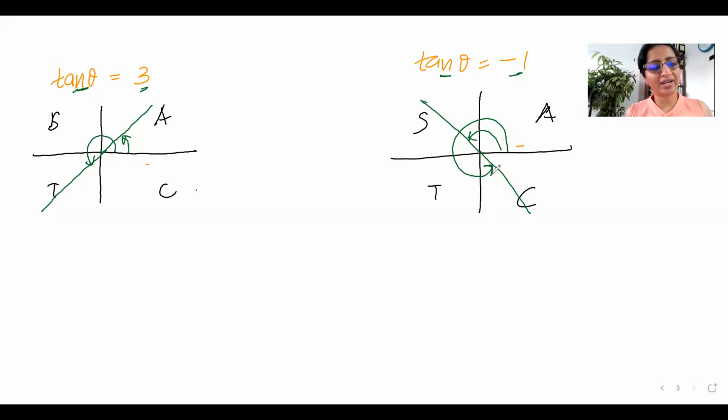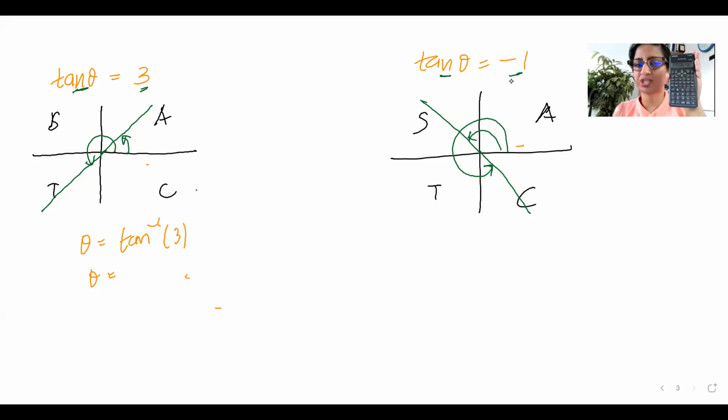Now, how do we find it? You take the calculator, put theta equals tan inverse of 3. Tan inverse of 3. I'm in the degrees mode. Now, do you all understand how to use the degrees mode or the radian mode in the calculator?